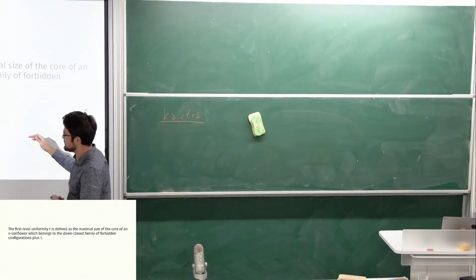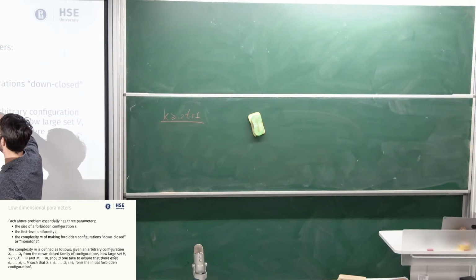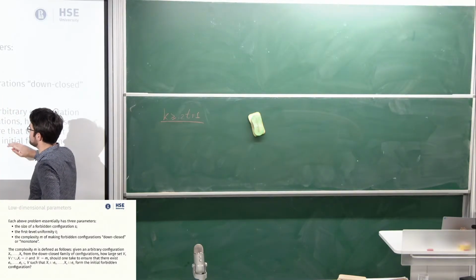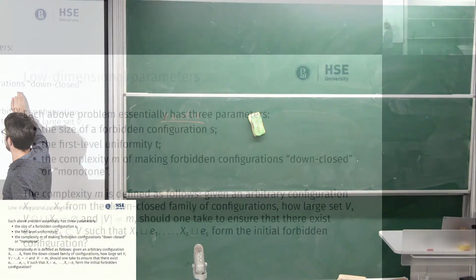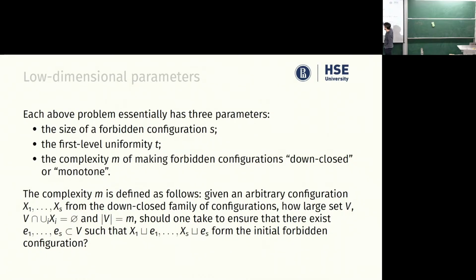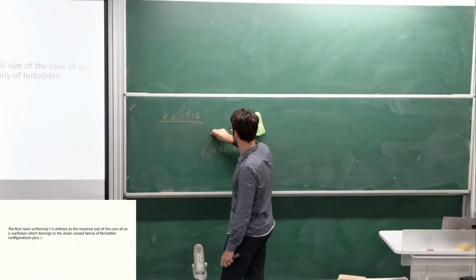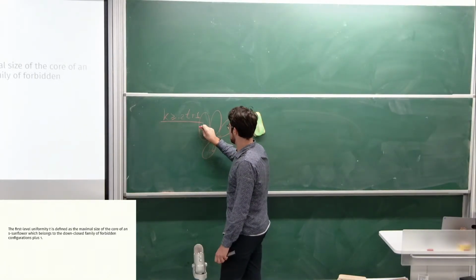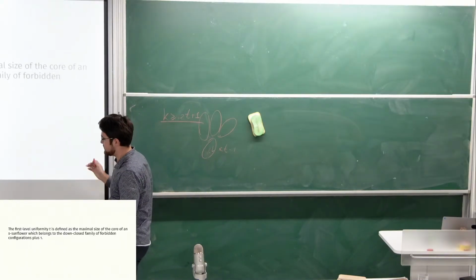And using it, if we obtain somehow a family of forbidden configurations given the initial forbidden configuration, we could define the first level uniformity T just from this family. And T is such a number that a sunflower with the core of size at most T minus 1 belongs to the family of forbidden configurations.